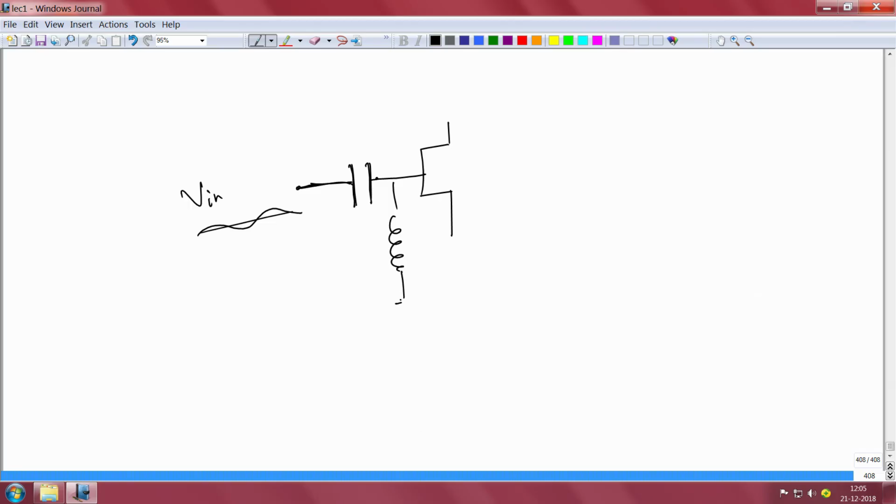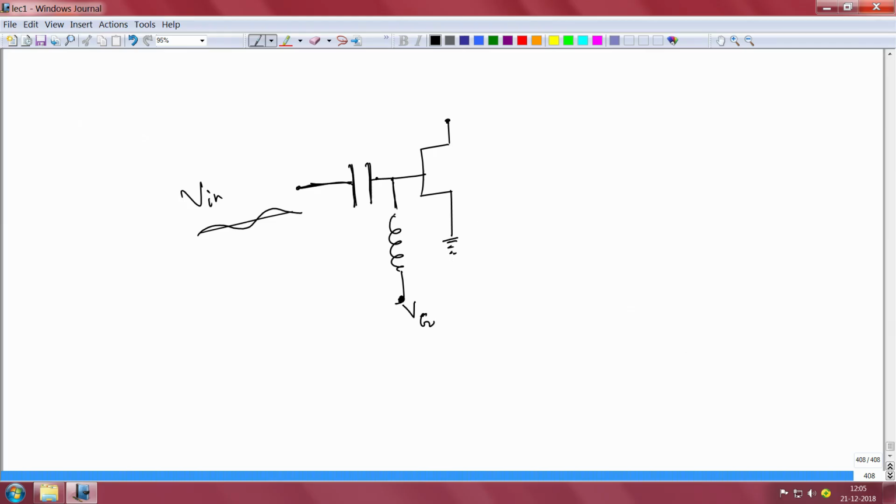You will bias this with a gate voltage. You have to apply DC bias on the gate, but there is also an input RF signal that is riding on the DC bias, please remember that. Of course, the source is grounded here.